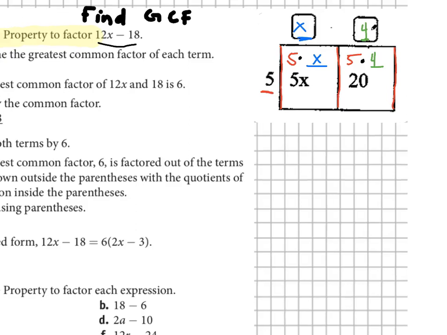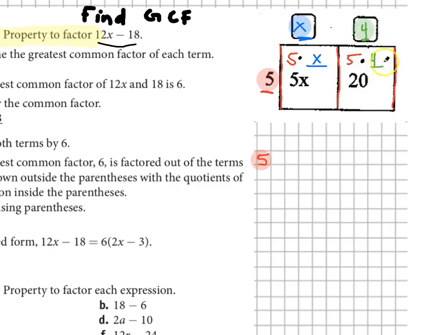I just need to write them in the correct order to make a correct statement. So I'm going to start off with the numbers on the outside. So this number on the outside is 5. I did that in red. So that number is going to go on the outside. And I'm multiplying it by the two numbers inside, x and 4.